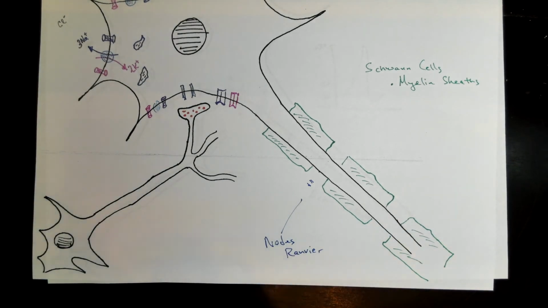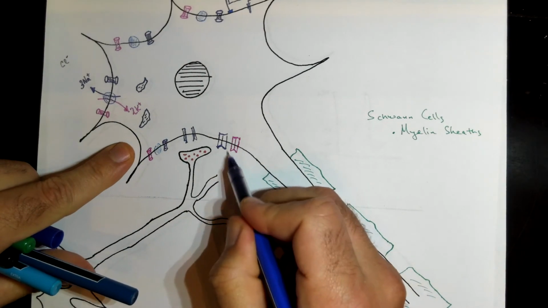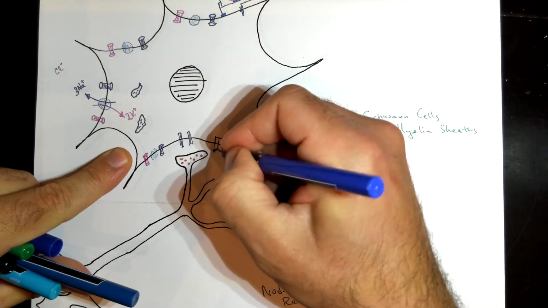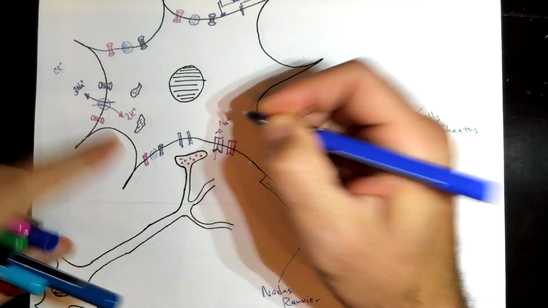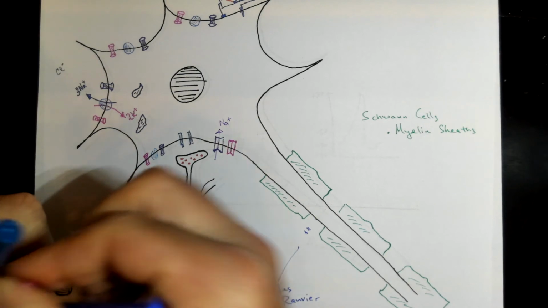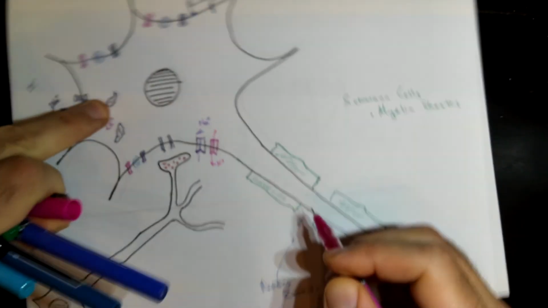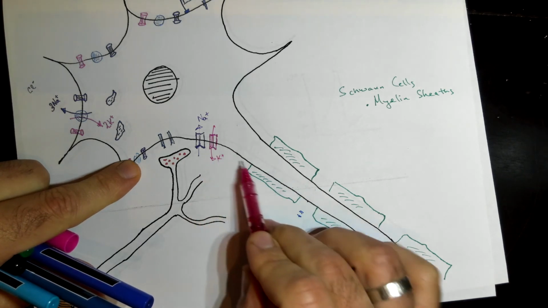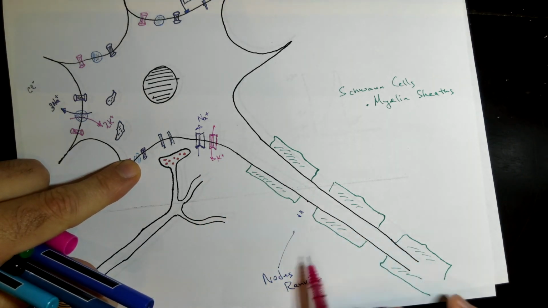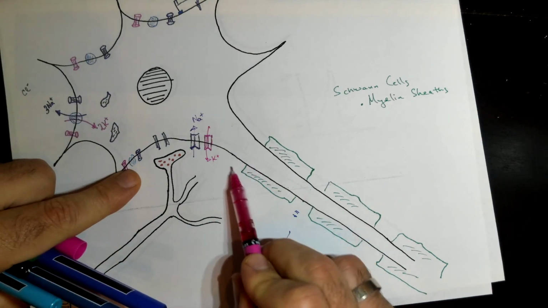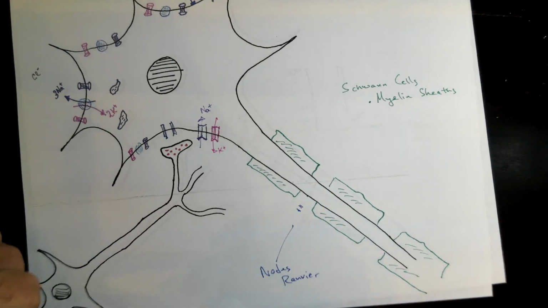so that once the sodium and the potassium do their thing here, where the sodium goes in and the potassium goes out, the signal then can be felt further up ahead at these nodes. So you can jump over this whole big piece of axon and just go straight to that node.